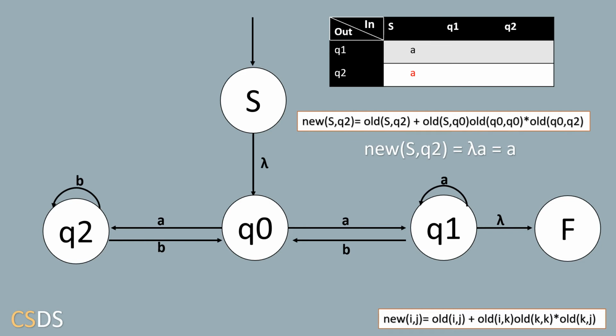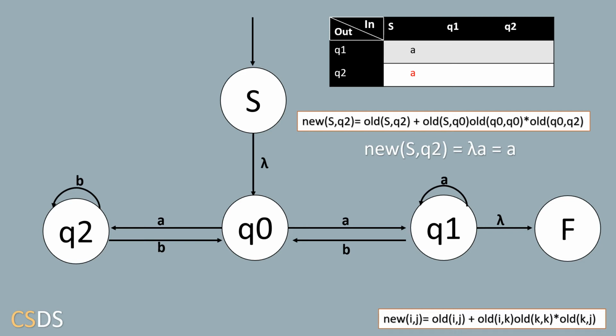Now let's find the next transition from state S to Q2. First we see if there is a direct transition from S to Q2, and we see there is no transition like that. So we continue to the old transition from S to Q0, which is lambda, followed by the old transition from Q0 to itself, and we see there's no self transition for Q0, so we continue.